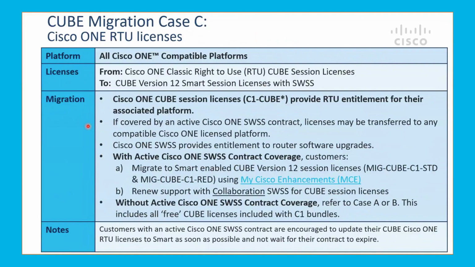With active Cisco ONE SWSS contract coverage, you can migrate to smart enabled CUBE version 12 licenses using these SKUs listed over here, and you will have to renew support with Collaboration SWSS for those CUBE session licenses. If you don't have active Cisco ONE SWSS contract coverage, then you cannot migrate and should go back and refer to the previous two cases, case A or case B.